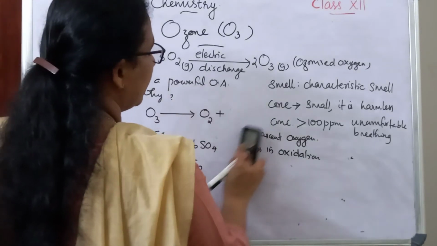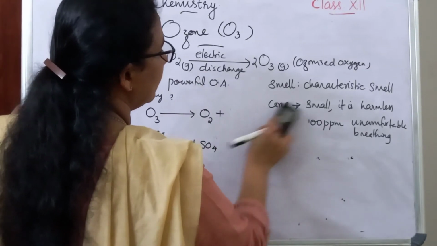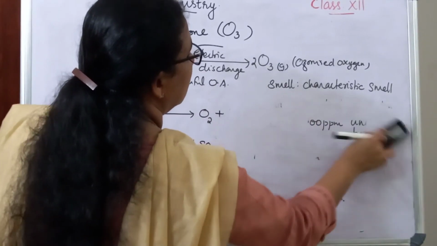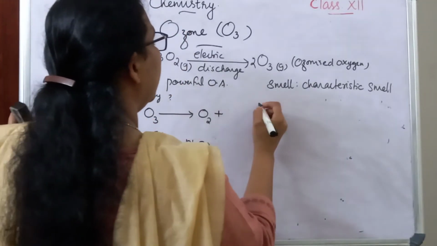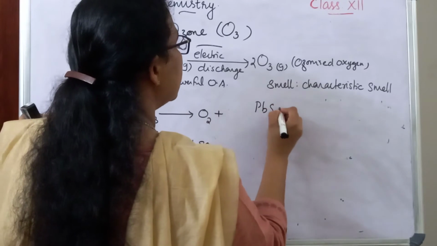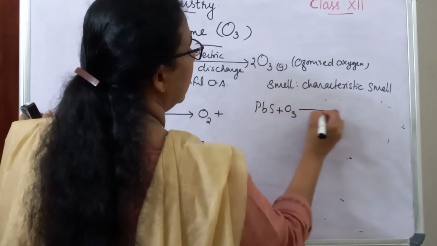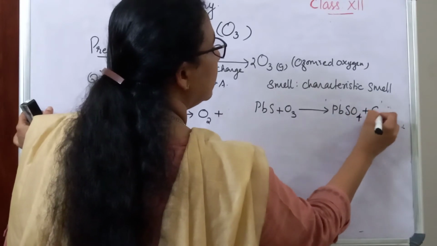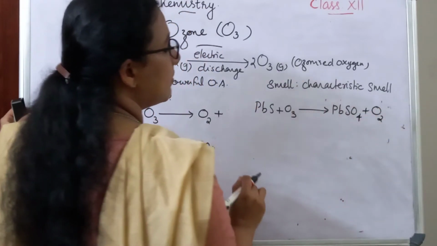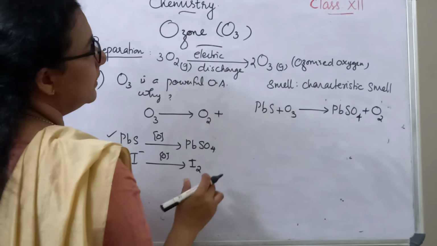Let's see one by one. When lead sulfide PbS is oxidized in presence of ozone, it produces lead sulfate, and the byproduct is oxygen. So this is the first reaction.